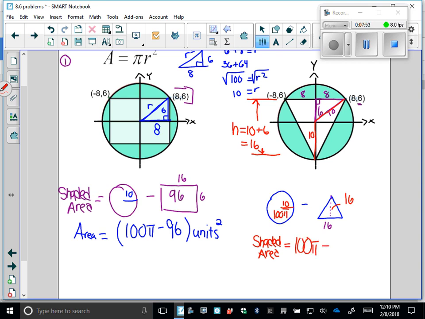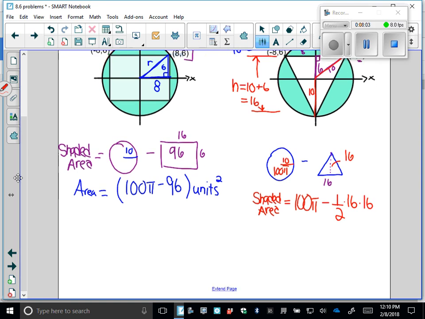So it's 100 pi minus half the base times the height, because it's a triangle. So 100 pi minus 8 times 16, because half of 16 is 8.